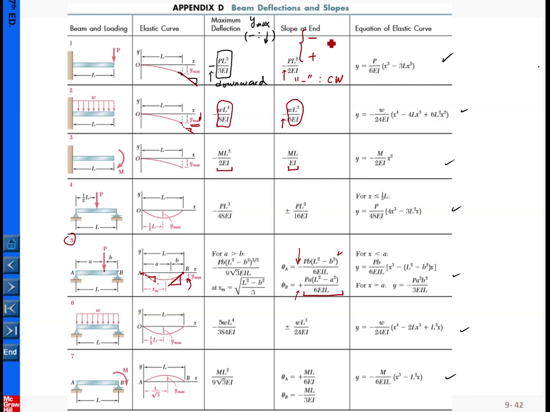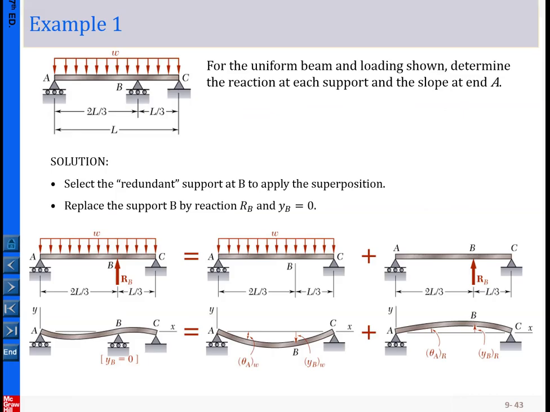If this is a horizontal line, then the positive slope is rotated counterclockwise, and the negative slope is rotated clockwise. So that's positive and negative. Keep those things in mind, then we can apply the table here to solve these questions.